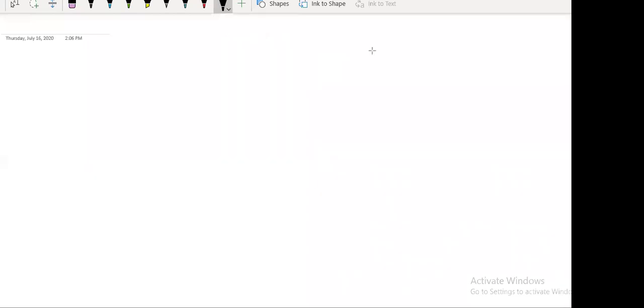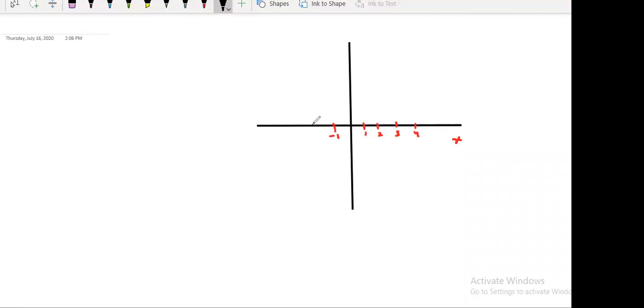Suppose this is the y-axis, and this is the x-axis. The x coordinates 1, 2, 3, 4, and so on are called abscissa. Then -1, -2, -3, -4, and so on.